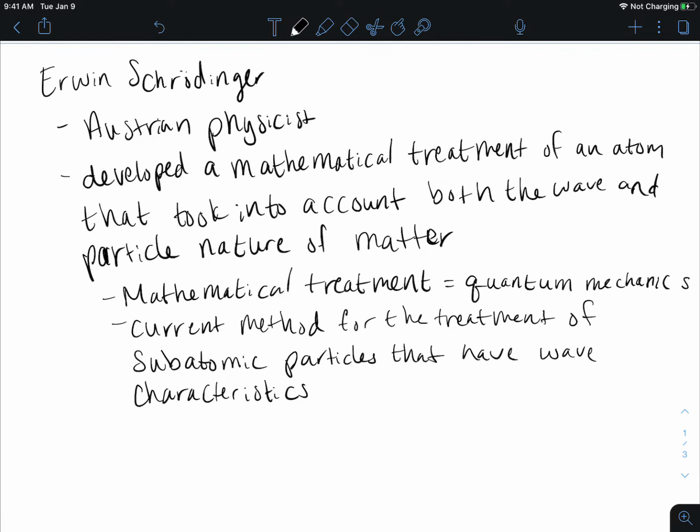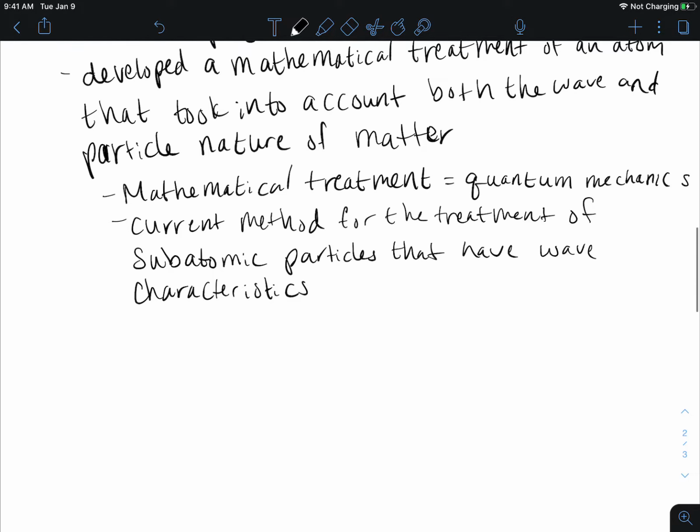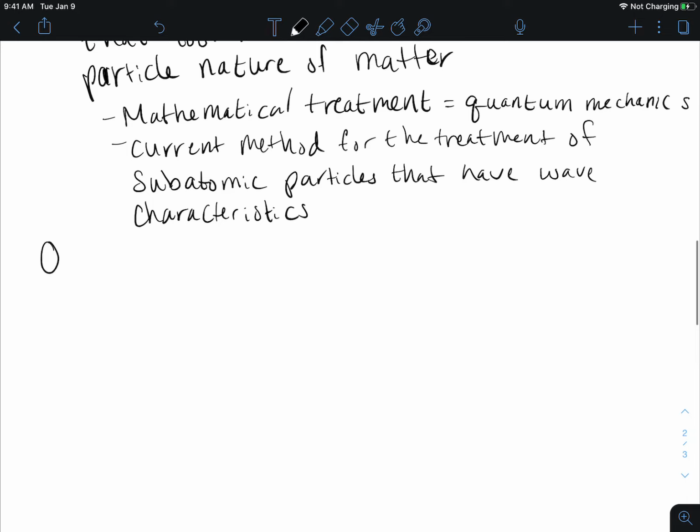So quantum mechanics is also known as wave mechanics.